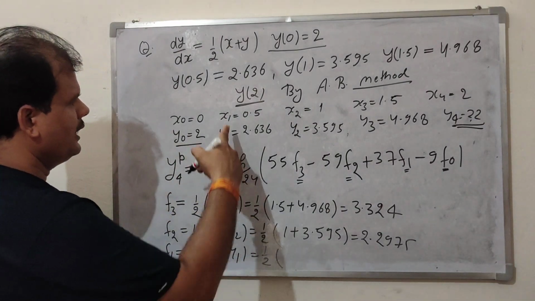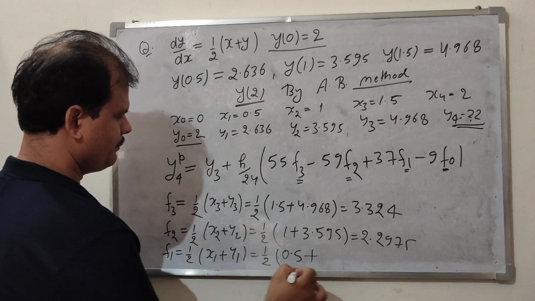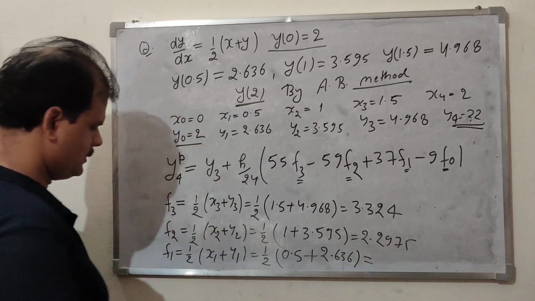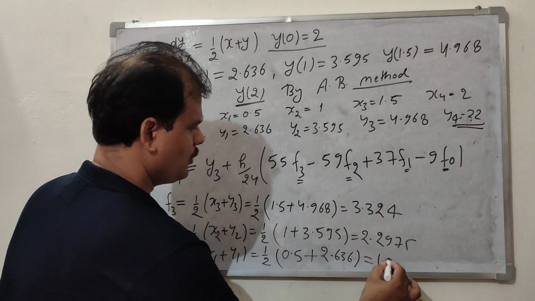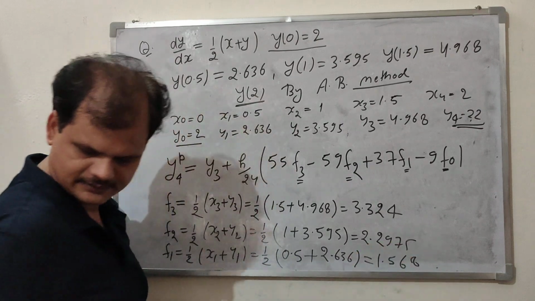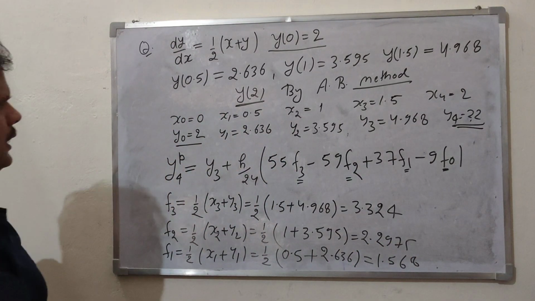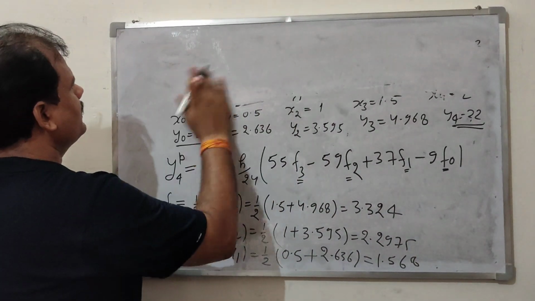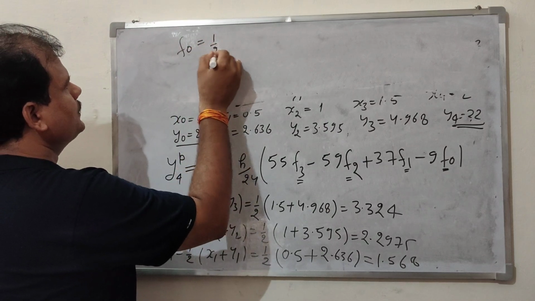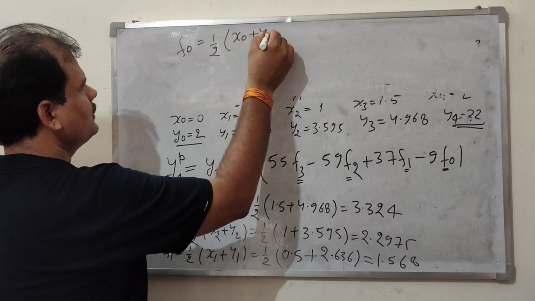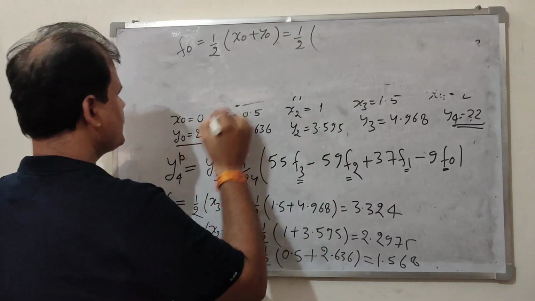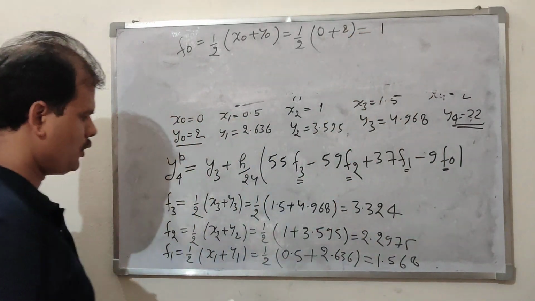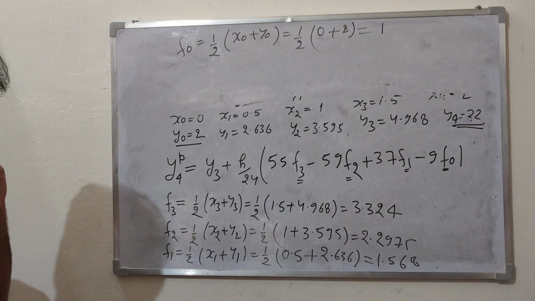So 1 by 2 x1 equal to 0.5, plus y1 equal to 2.636. So f1 we are getting 1.568. Now we'll calculate f0. f0 equal to 1 by 2 x0 plus y0. So 1 by 2 x0 equal to 0, plus y0 equal to 2. So we get 1.